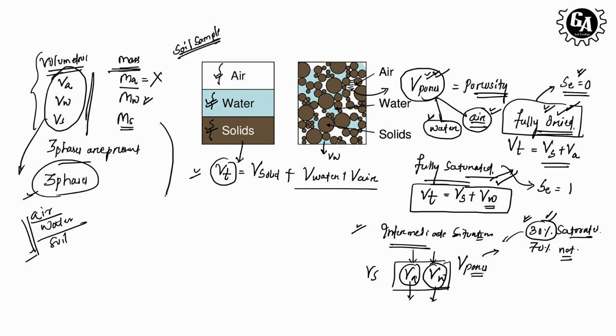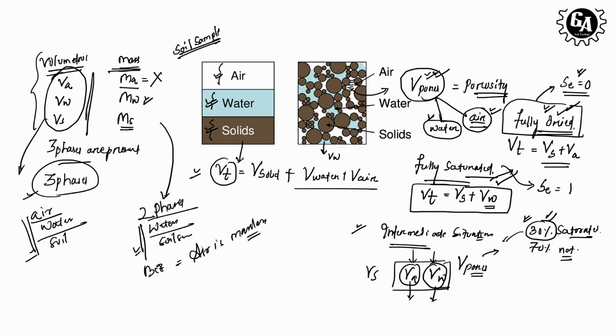But when we are considering the mass, we only consider two phases: the water, if present, and the soil sample, because air is massless.